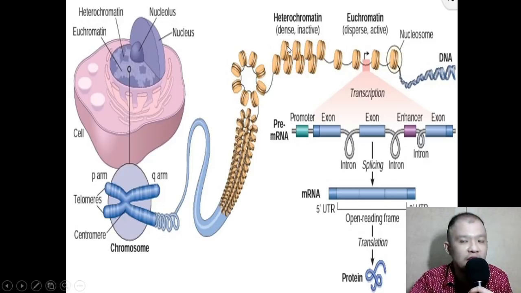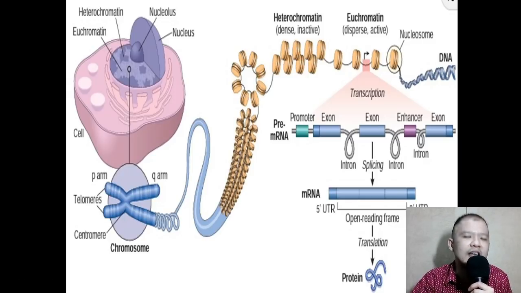And as we further unwind, when it's relaxed, it's in the form of euchromatin, and it's in the active form. In the euchromatin form, we'll be able to appreciate the nucleosome.